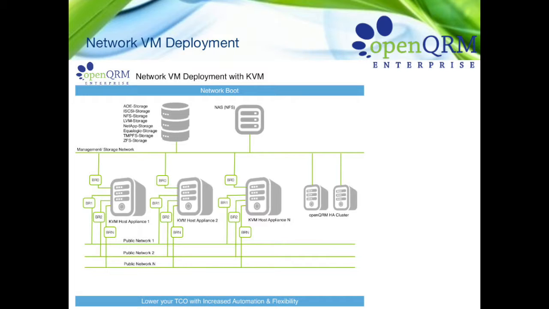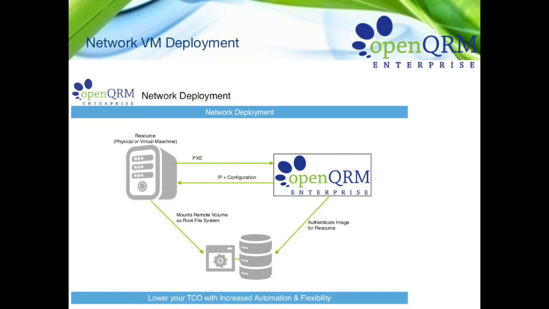Okay, how this works down to the detail for the network boot is on the next slide. On the left we see a physical system or a virtual machine which is set to network boot. On the right side, there's the openQRM server, and underneath there is a storage and one of the images or volumes of the storage.